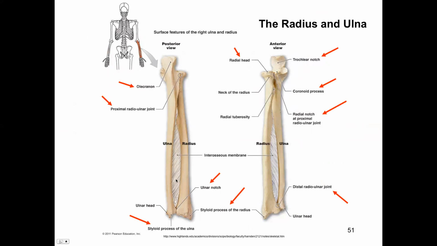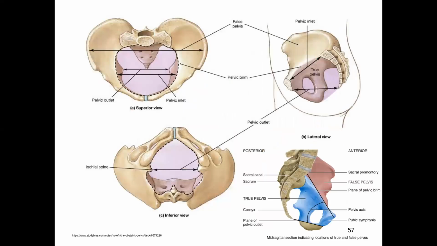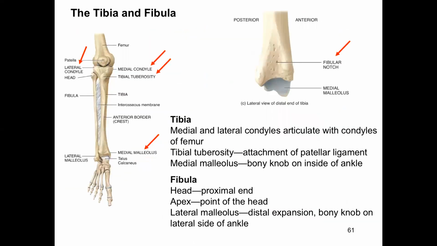This is really important because it stabilizes these bones with each other, but it also decreases the weight. Instead of having one big massive bone here, we've got this interosseous membrane that holds these two bones together, and it makes the whole skeleton lighter. So this is one of the benefits of having that there. Here, I've mentioned it here.